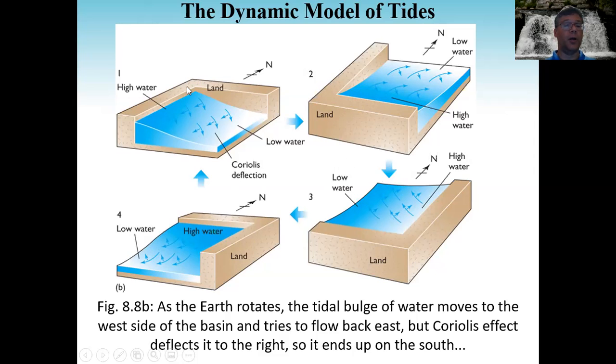So we've got the water sloshing around in a circle, alternating, going up towards each of the sides here. Again, that's northern hemisphere. For the southern hemisphere, it would be going to the left. And so we'd have the opposite sequence of sides.